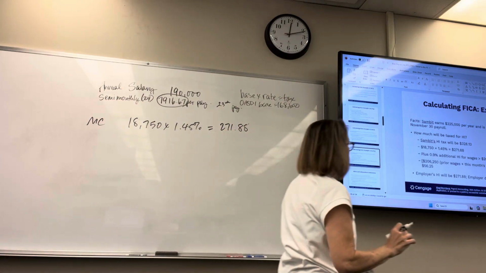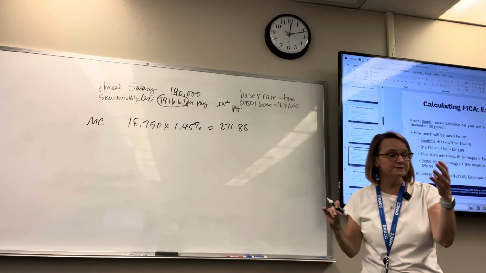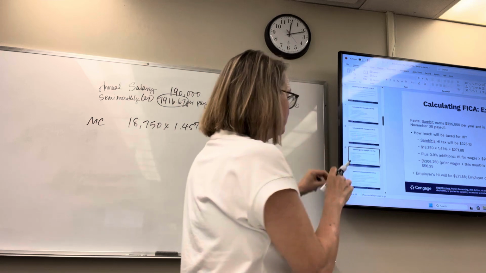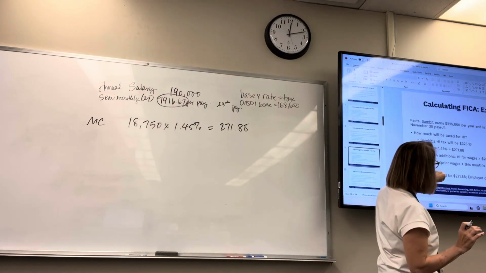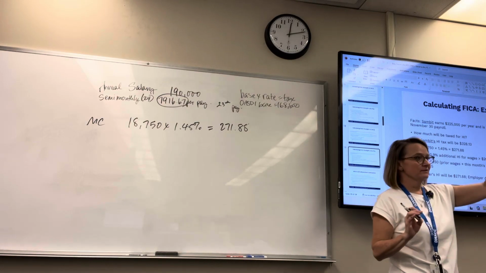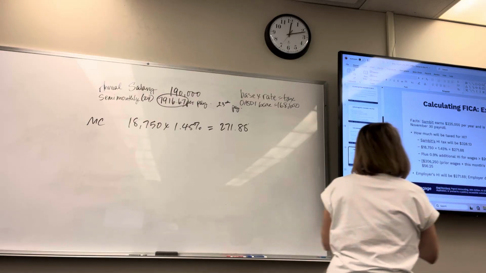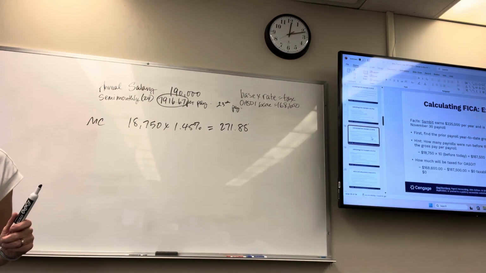All right. So in order to figure out how much of his current period wages are subject to the additional Medicare tax, what we're going to do is add our total prior period wages, which we calculated.